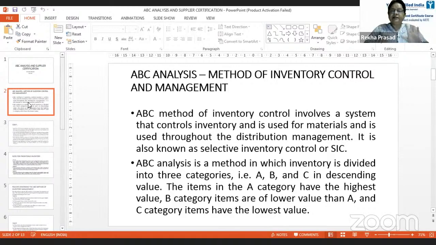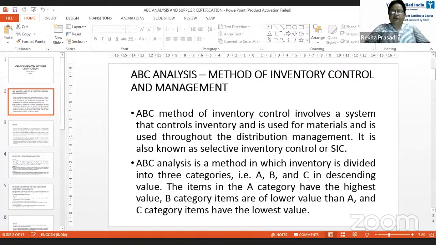ABC analysis method of inventory control and management. The ABC method of inventory control involves a system that controls inventory and is used for materials throughout the distribution and management. It is also known as selective inventory control, or SIC.